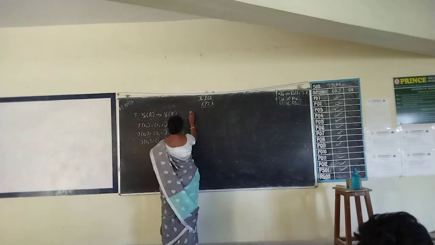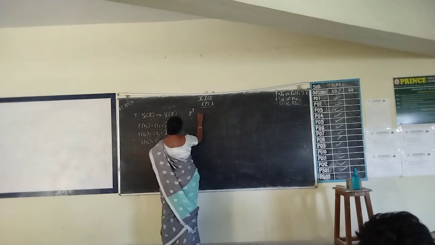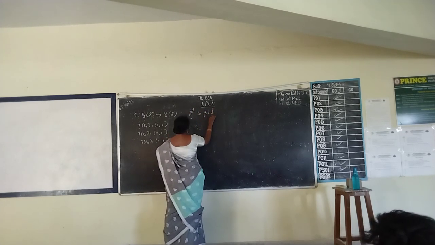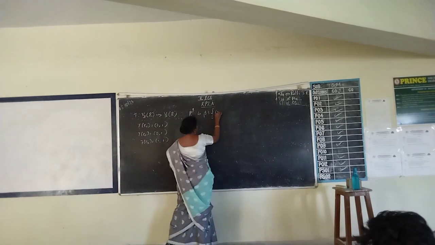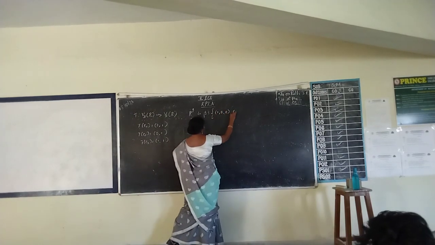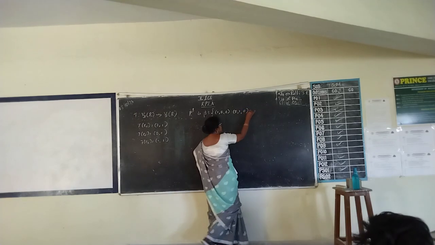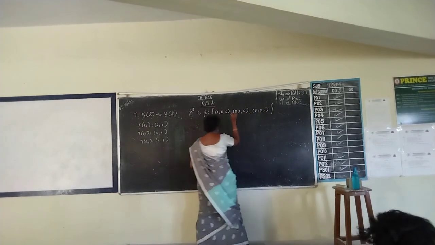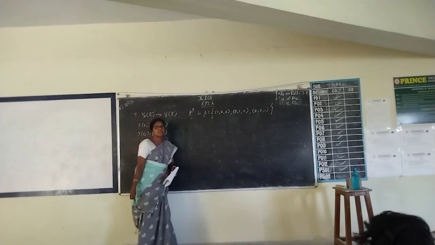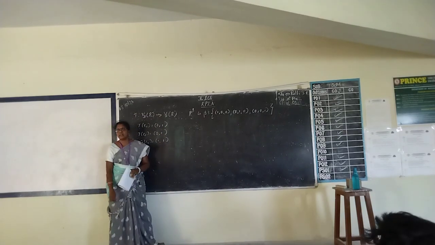So the standard basis of R cube is beta equal to {(1,0,0), (0,1,0), (0,0,1)}.